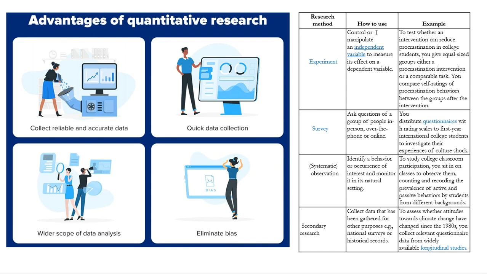Which kind of research method is used where, and how, and what is an example? Experimental research controls and manipulates the independent variable to measure its effect on the dependent variable. Survey can be questionnaire based, telephonic, or through Google Forms.